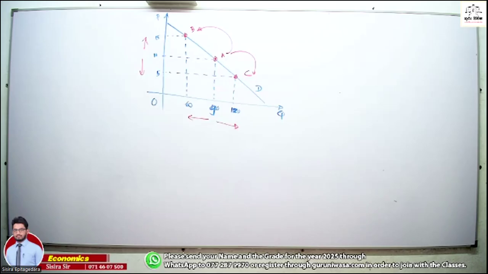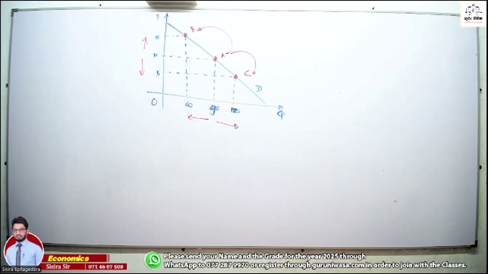After the box, I think you have a dotted line. Am I correct? Yes or no? After this diagram, you have been given a dotted line, right? On the next page. Yes, sir.